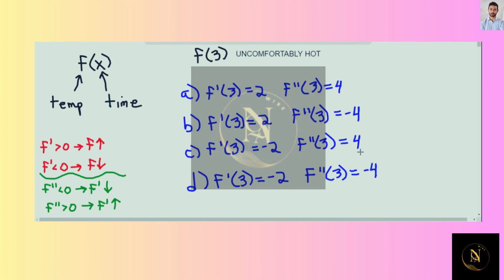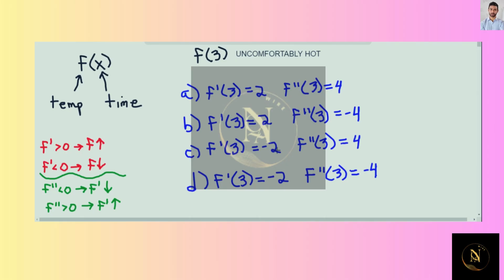F double prime is positive. That means F prime itself is increasing. So let's look at that. F prime is negative, meaning F is decreasing. The temperature is coming down. But F double prime is positive. If F double prime is positive, that means F prime is increasing.